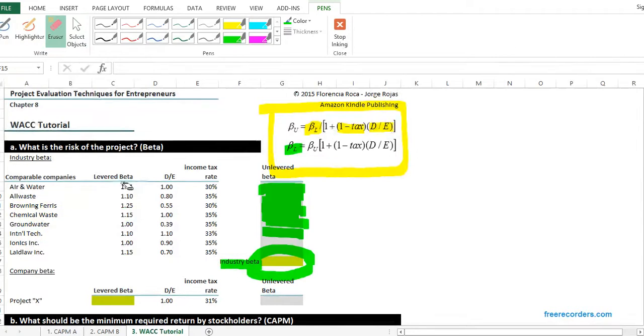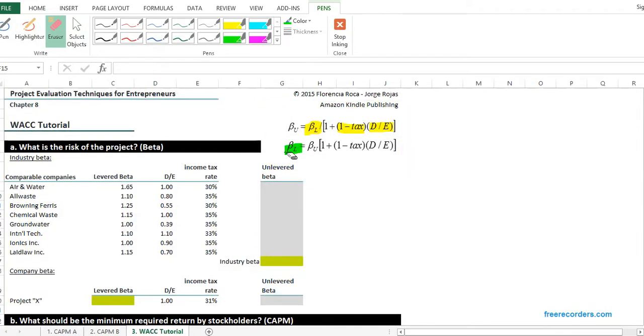Therefore, once we have this number, we need to relever, introducing the capital structure of the company we are trying to evaluate. And so we have a levered beta for this company.